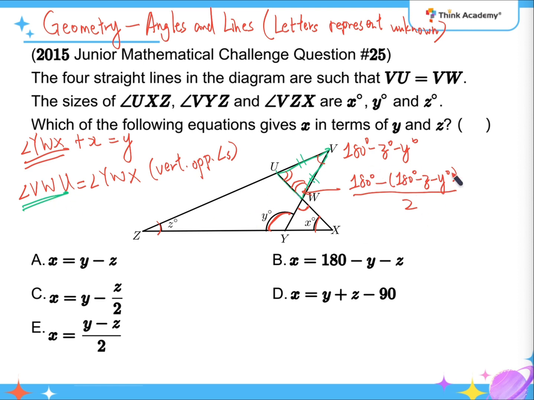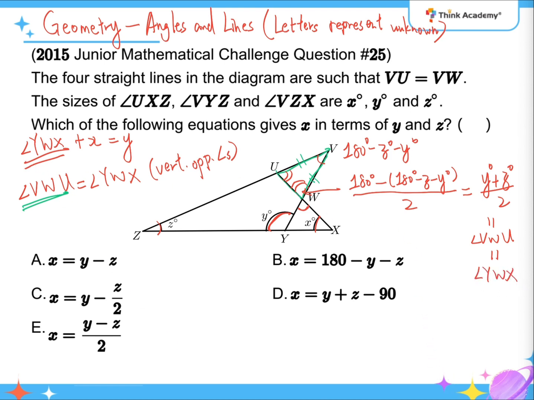So if you just simplify it, the 180 take away 180 will cancel out, which means that the angle VWU is Y degrees adding Z degrees divided by 2. So this is equal to angle VWU, which is also equal to angle YWX, right?